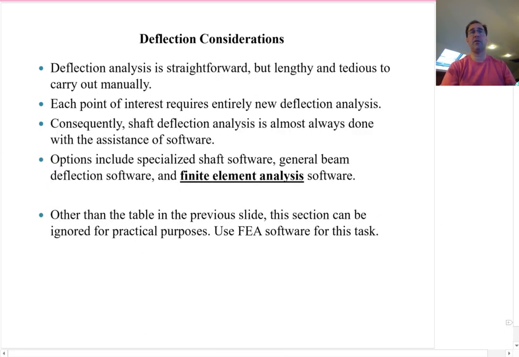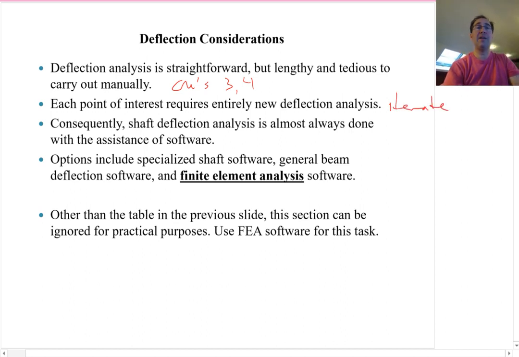So if we wanted to do deflection considerations by hand, it's really straightforward. You would use chapters 3 and 4, but it's really, really tedious. It's, like it says here, straightforward but tedious. And each point of interest requires an entirely new deflection analysis, so you have to iterate.